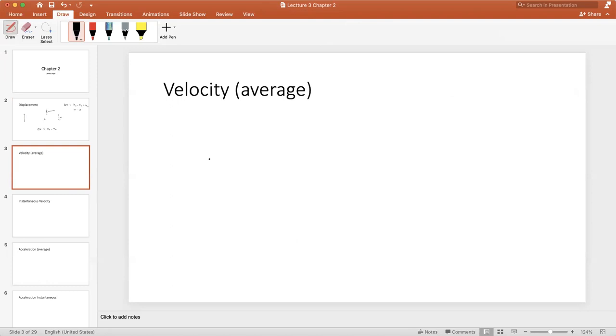So from that, we need to talk about velocity. And velocity is how fast your position changes, not your speed. One really important point: I want you guys to get away from using the term speed. Speed in physics doesn't really mean anything.